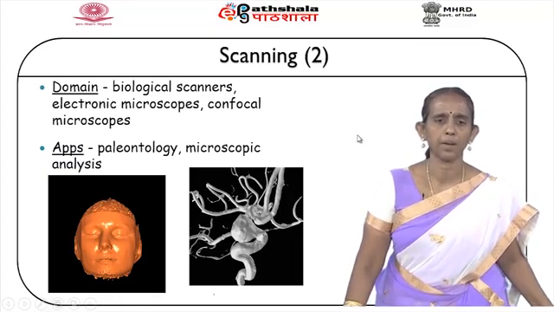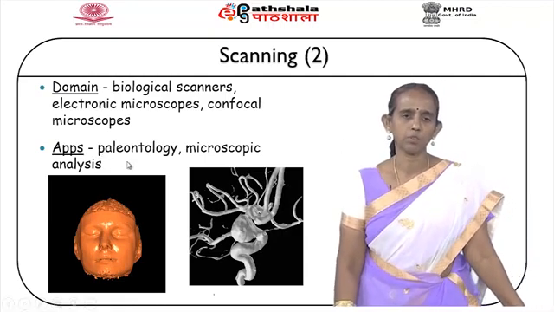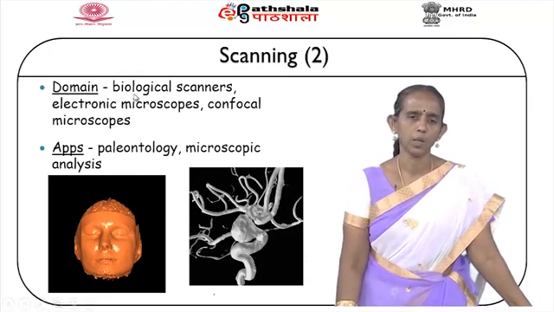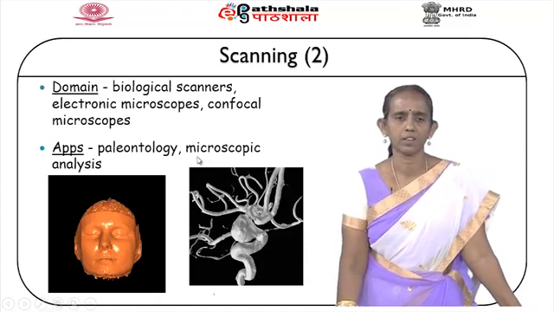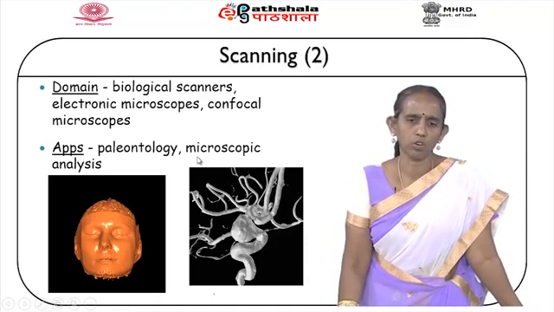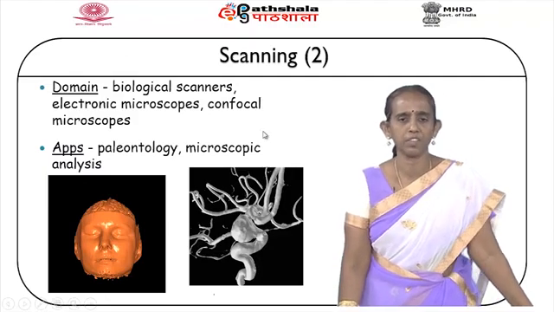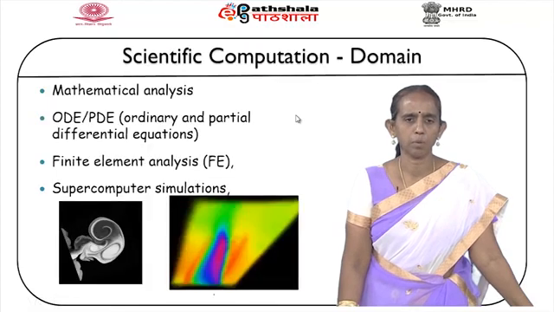Some of the applications are paleontology, where it is possible for us to inspect an entire fossil using these biological scanners. It is also possible to perform microscopic analysis with the help of these scanners. So these are certain applications that can be performed.